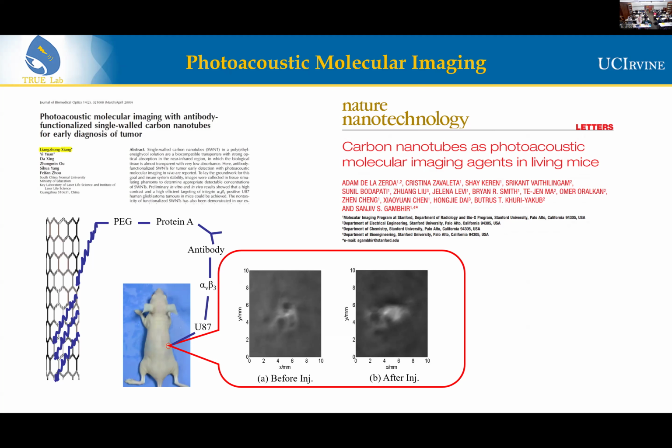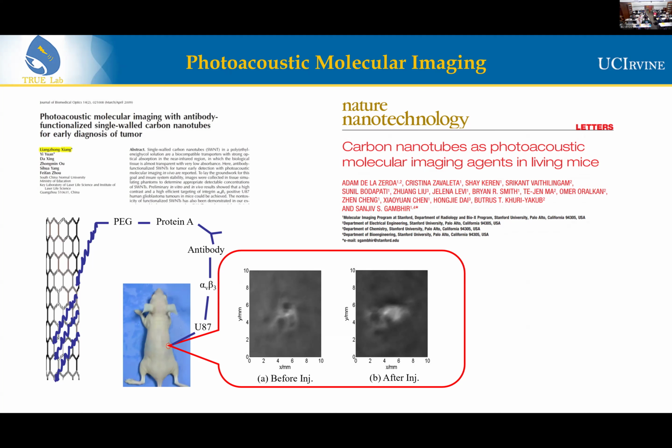The tumor cell line we chose was U87, and the biomarker was alpha V beta 3. We conjugated it with the nanotubes, and then used photoacoustic imaging to track the targeting efficiency.